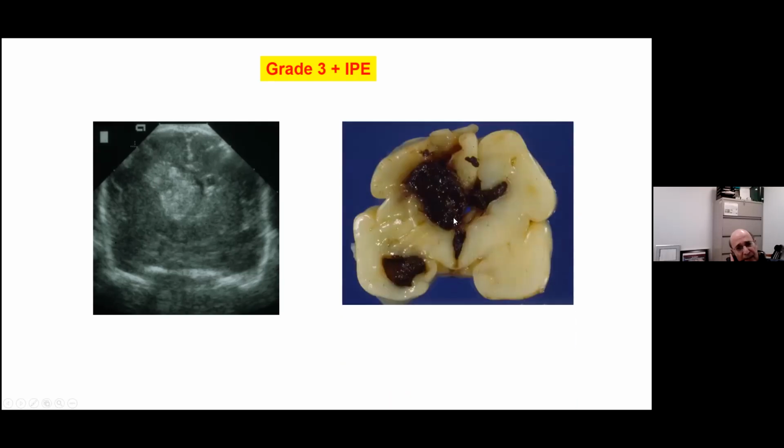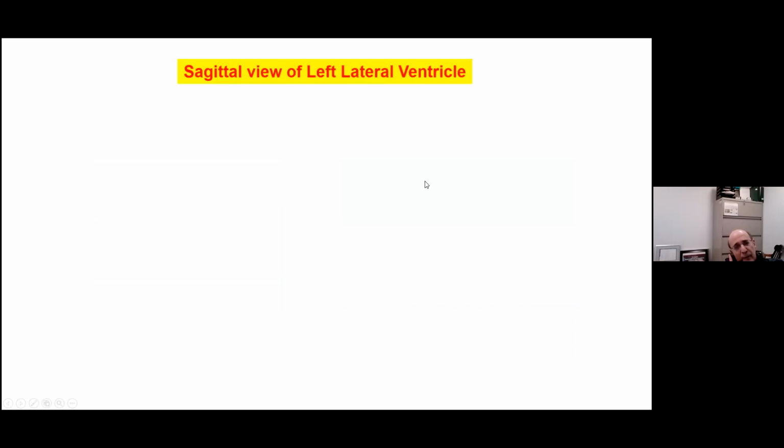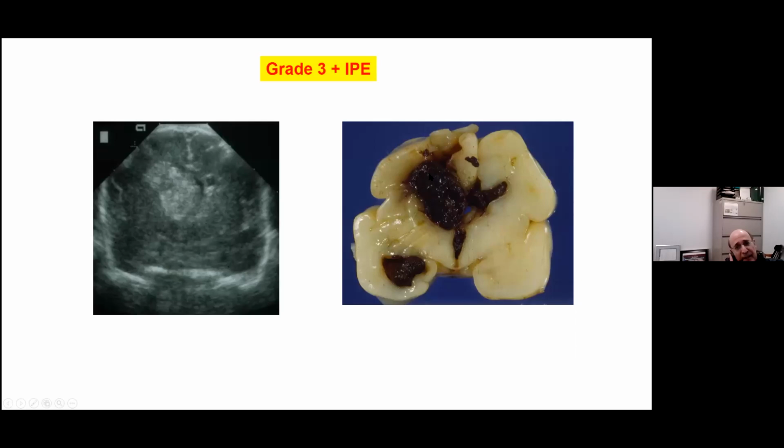And if you look at this specimen from this baby, you can see this very prominent clot in the right lateral ventricle. Is this part of the ventricle? You can make a cogent argument that it is part of it. Irrespective, this is a very large lesion that predominantly affects the ventricle.